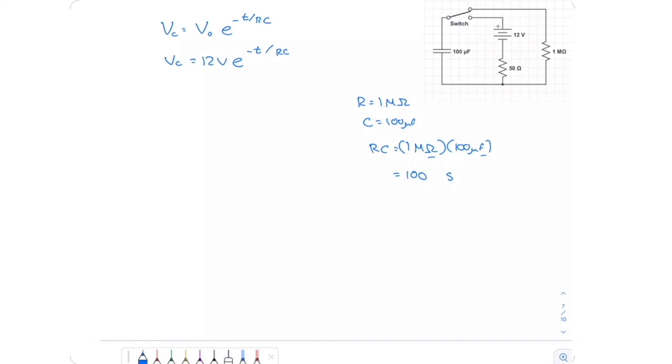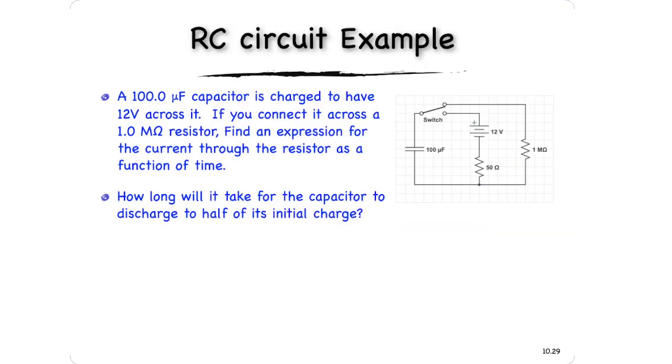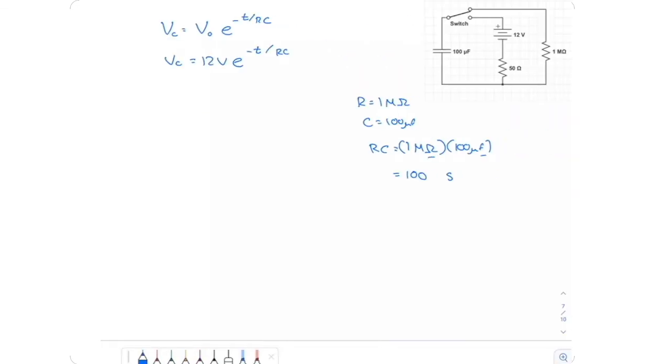So let's see, what are we asked? Find an expression for the current through the resistor as a function of time. I have an expression for the voltage across the capacitor as a function of time. So let's apply Kirchhoff's loop rule.